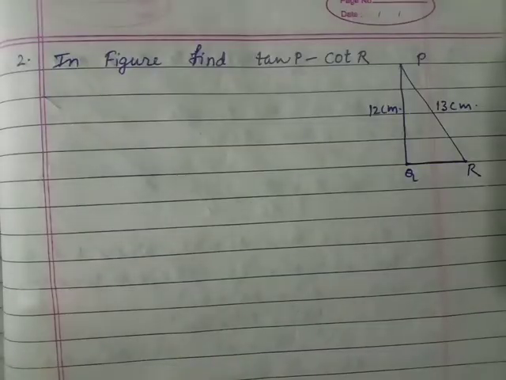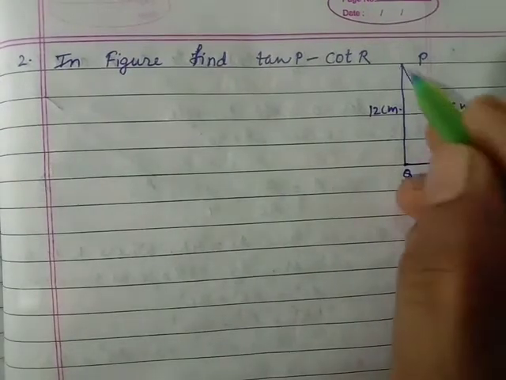In the figure, find tan P minus cot R. So you can see this triangle PQR.